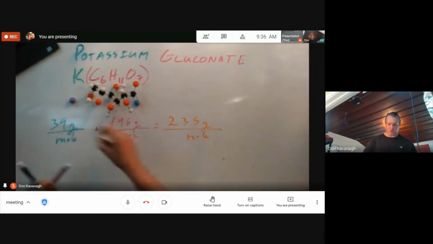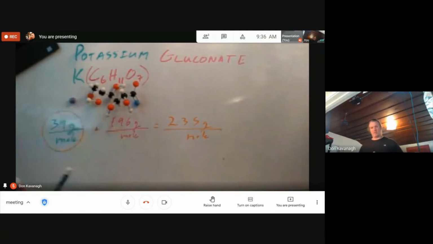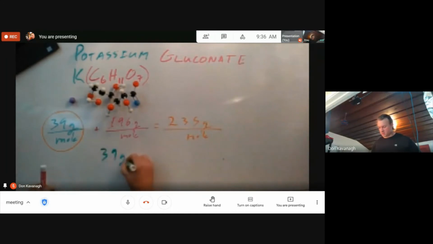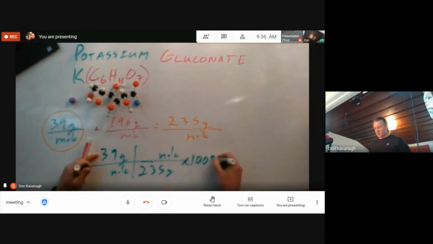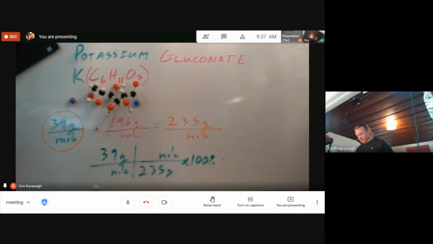So this is the portion we're interested in, the potassium portion right there. So if you take 39 grams per mole divided by the 235 grams per mole, the total weight, you are going to have a percentage proportion of how much of the potassium gluconate, by mass, is the potassium that you're interested in.